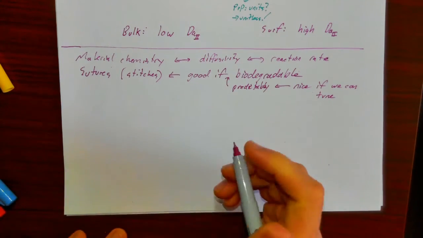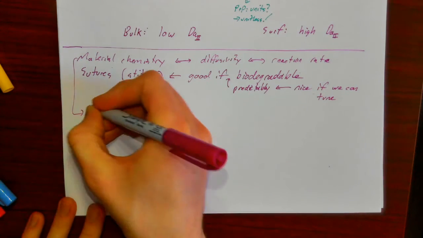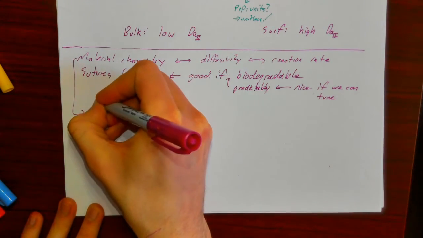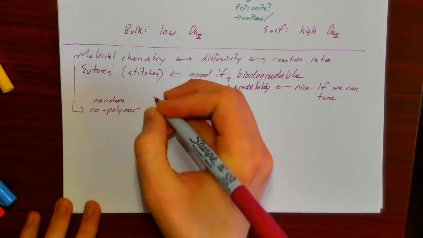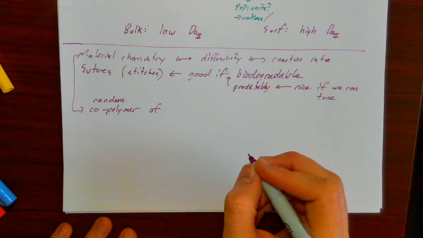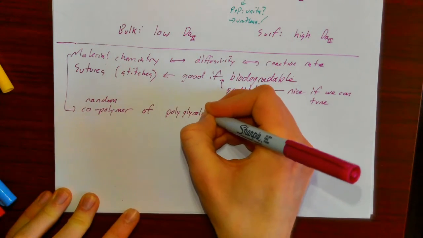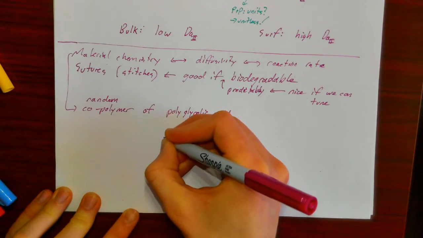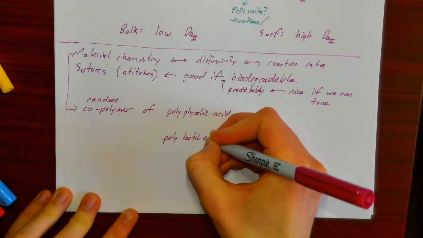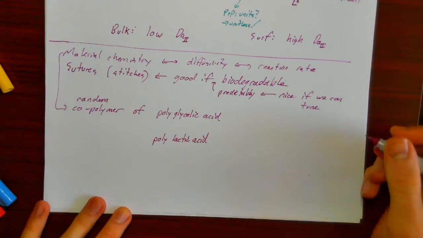It turns out that stitches are made of a copolymer, and it's a random copolymer of polyglycolic acid and polylactic acid. So these biodegradable sutures are made of a copolymer of these.